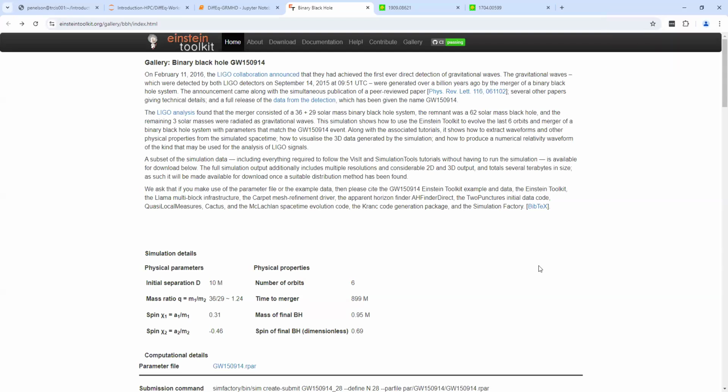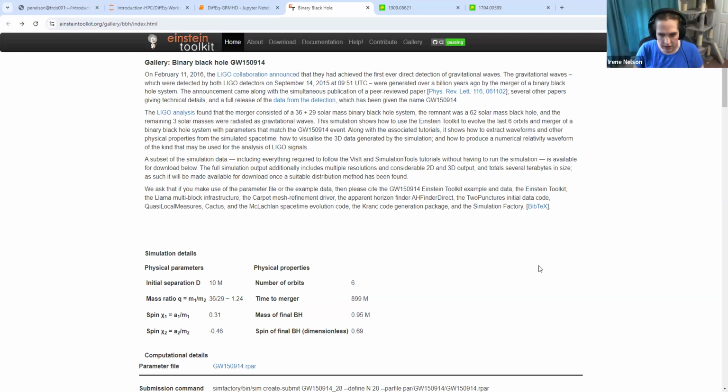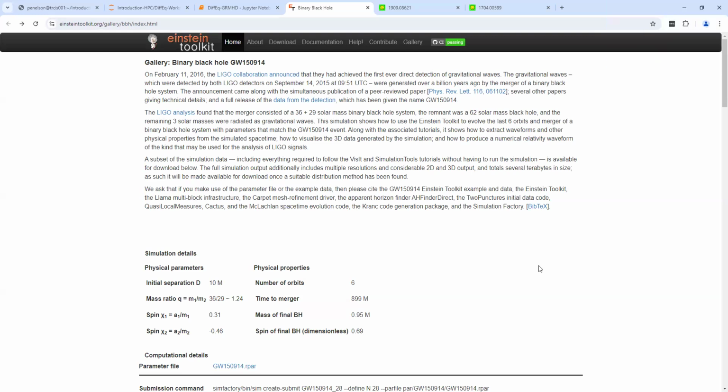And what are people doing with the new codes? With what people are researching, or what people are adding to this Einstein Toolkit? What is the leading edge, to put it that way? What are people interested in adding?